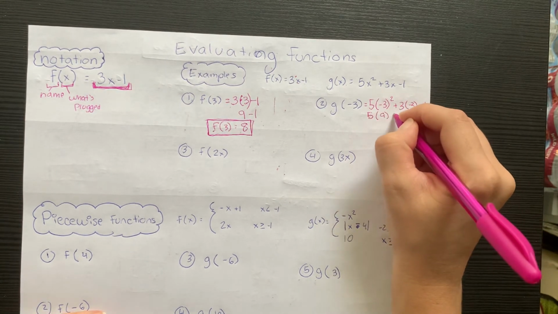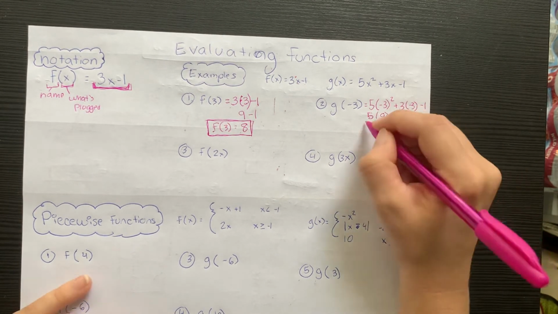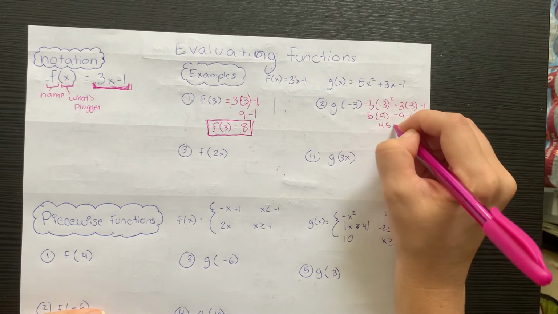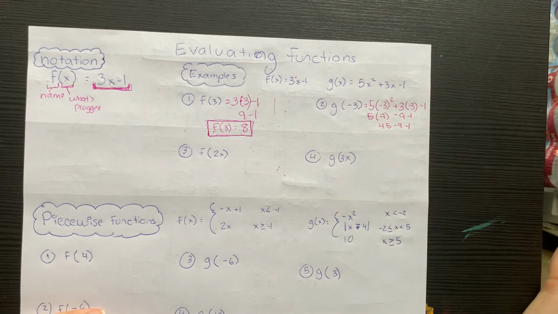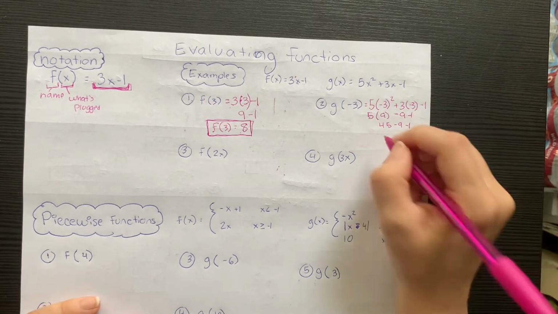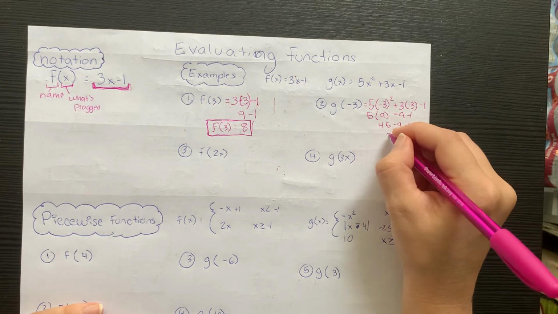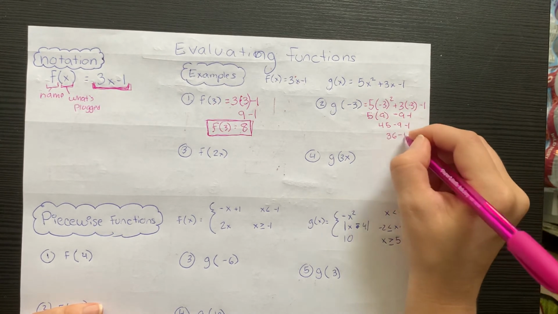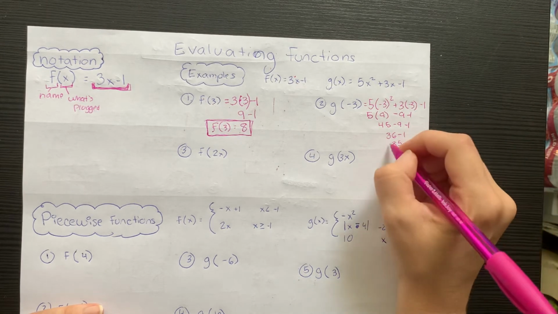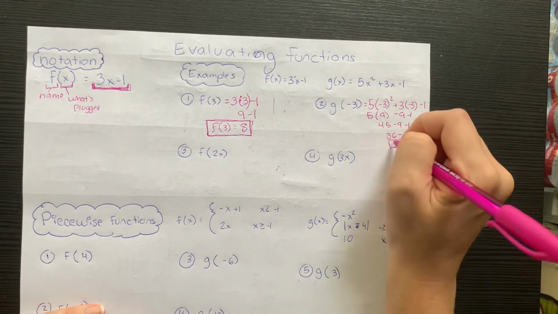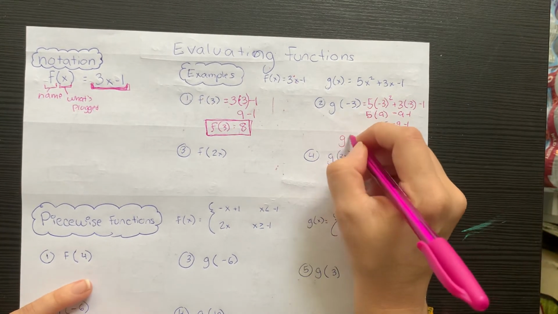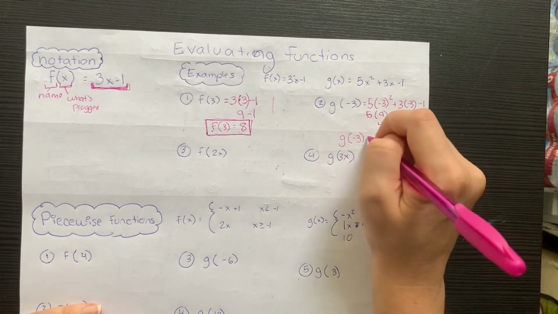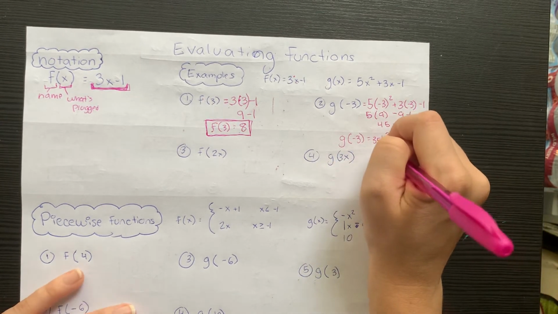I'm going to do it real quick. 5 times 9 is 45. 45 minus 9 would be 36 and... Right. Almost. So g of negative 3 is 35. That's our final answer.